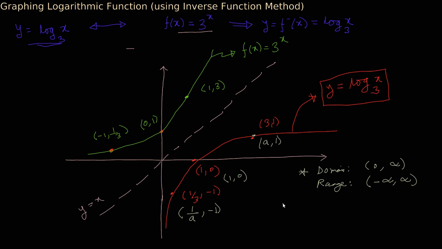So any logarithmic function is going to pass through which points? It passes these 3 points: 1 over a, -1, 1, 0, and a, 1. Okay, so this is the plot and some properties of the logarithmic function.